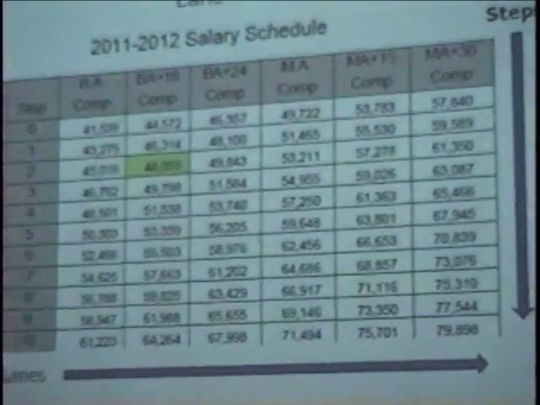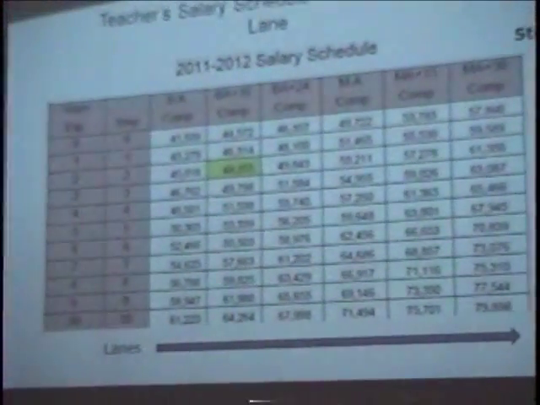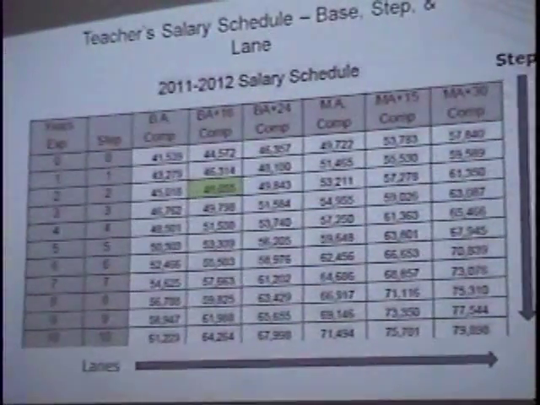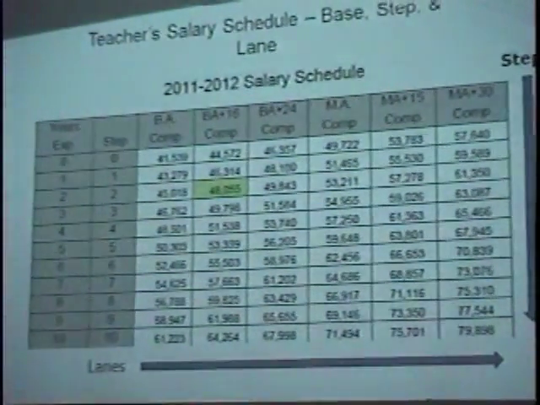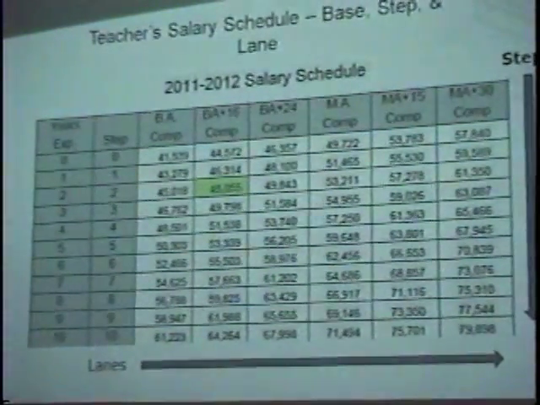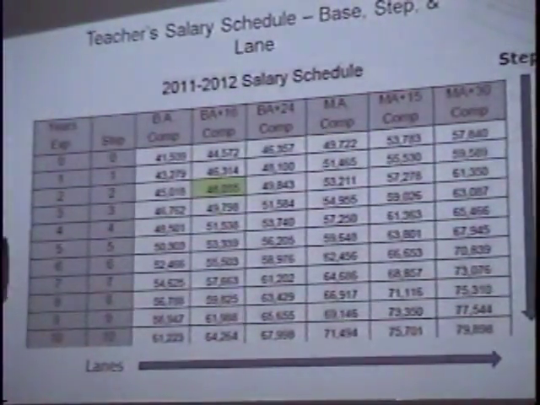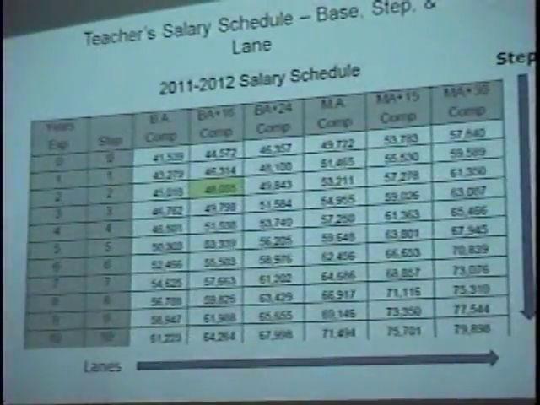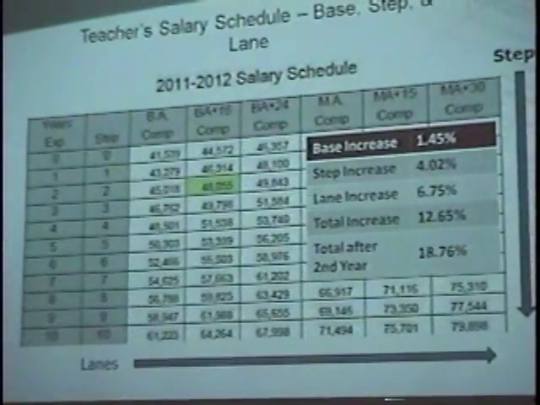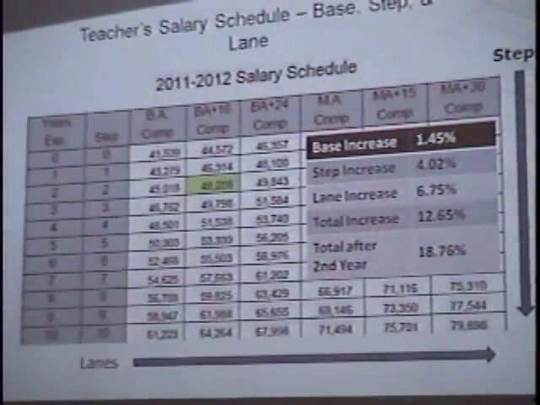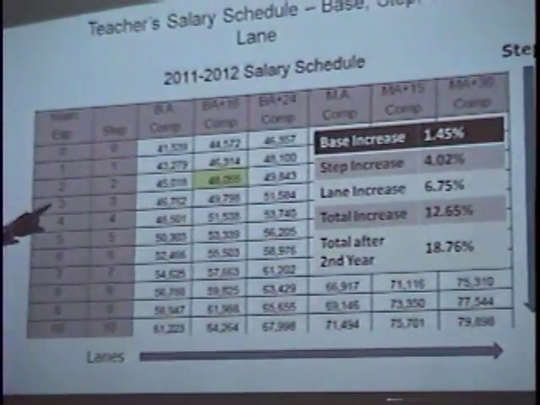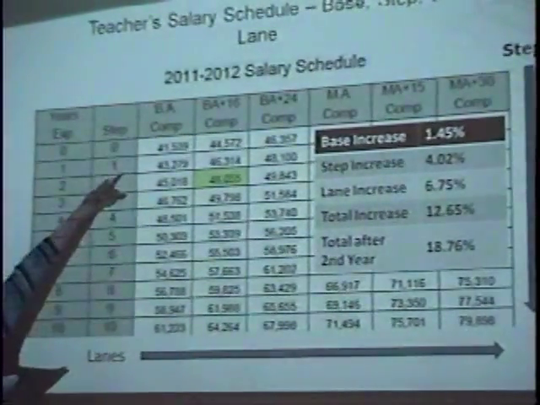Now, just in this particular example, Jean, who we're pretending is particularly ambitious, has her master's or additional coursework right away. Again, this is just for example, so you can understand how this chart works. So now, because she has 16 hours toward her master's, she moves across into another lane, okay? So now she has her base increase, and you've noticed that as we've gone from schedule to schedule, year to year, this first number has changed and increased.